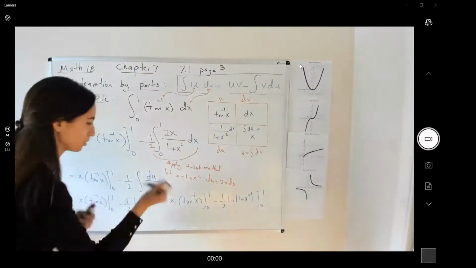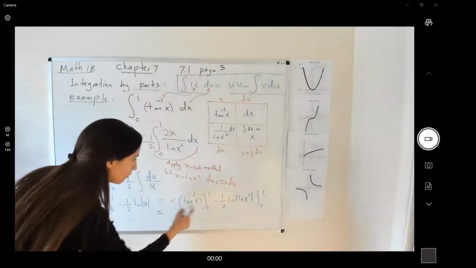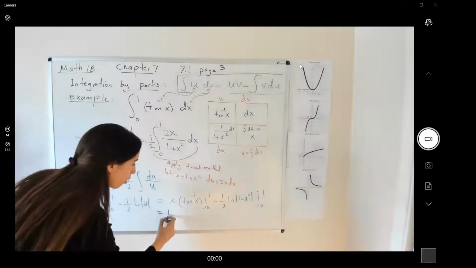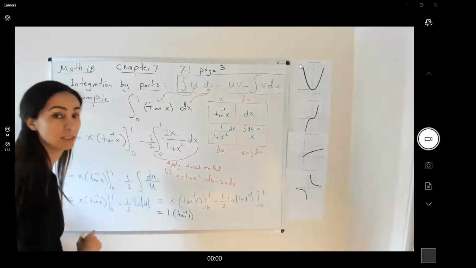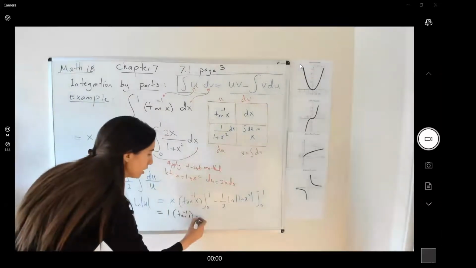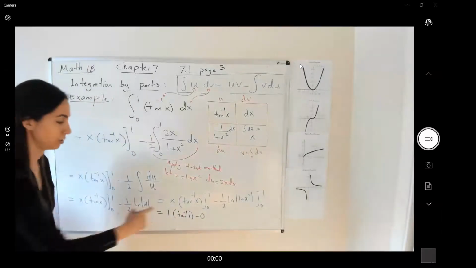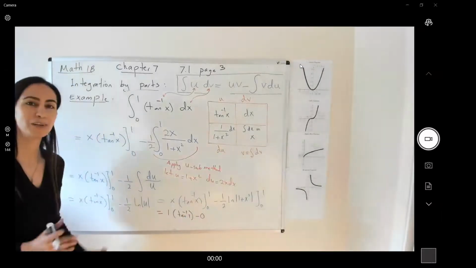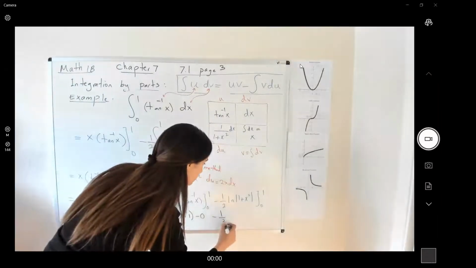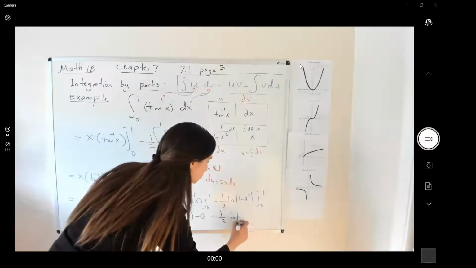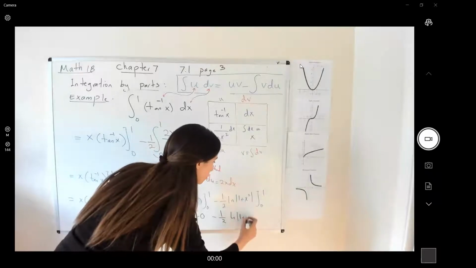So this is equal to. If I plug in 1, I get 1 times inverse tangent of 1. If I plug in 0, it's going to be 0, because 0 times any number is just 0. Minus a half ln of absolute value of 1 plus 1.